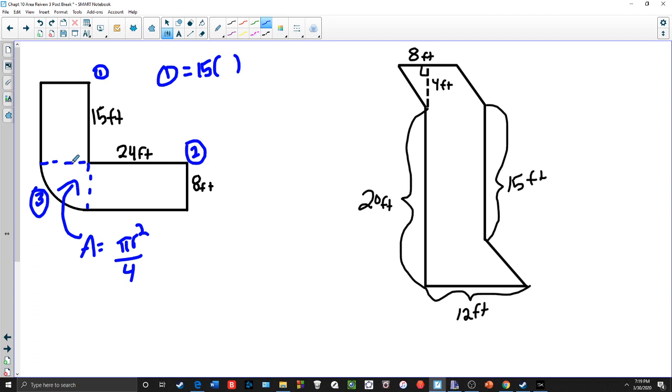So for a circle, remember, all the radii in a circle are equal. So if this is my center of the quarter circle, that means this distance is the same as this distance, is the same as this distance, is the same as this distance. So all the radii of a quarter circle, half circle, full circle, they're all going to be equal. So this dotted line here is going to be the same as this dotted line here.